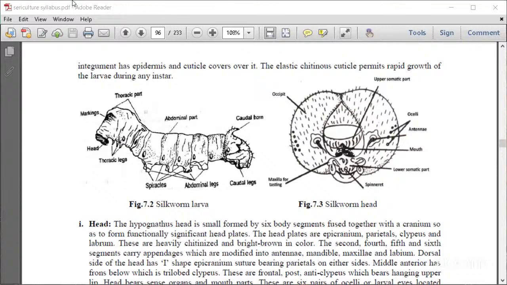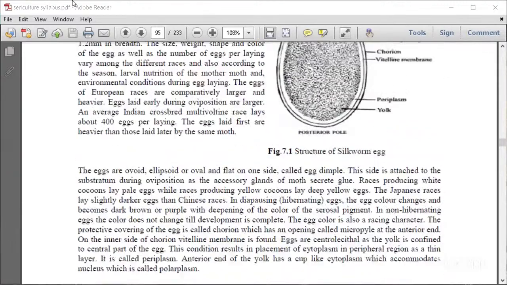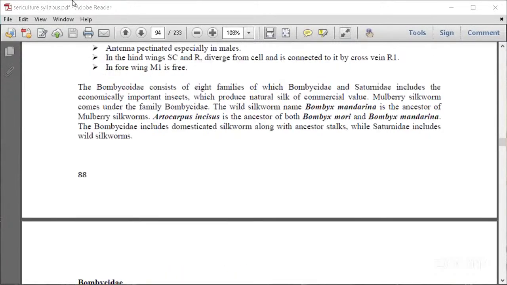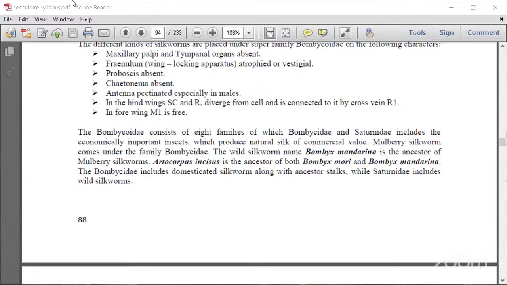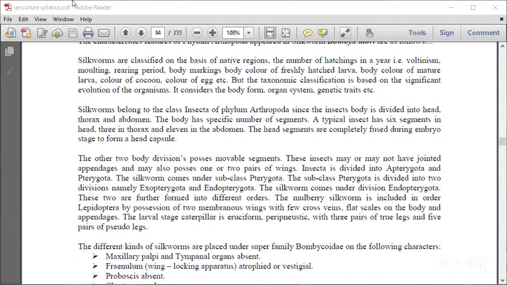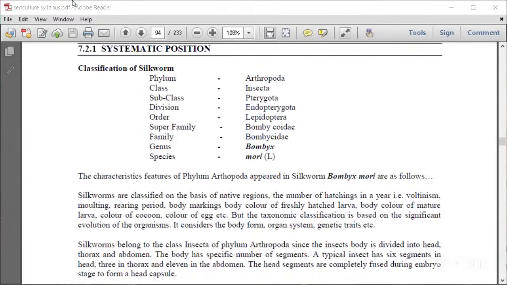It belongs to the phylum Arthropoda, class Insecta, subclass Pterygota, division Endopterygota, order Lepidoptera, superfamily Bombycoidea, family Bombycidae, genus Bombyx, species mori.